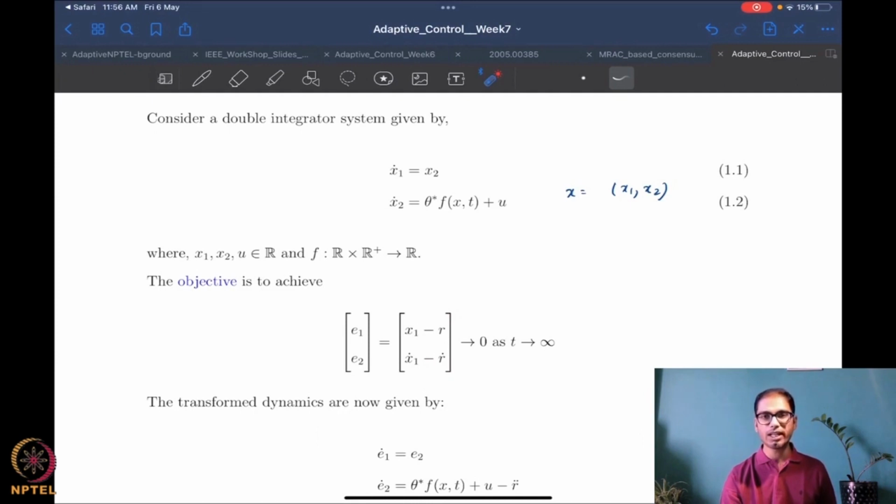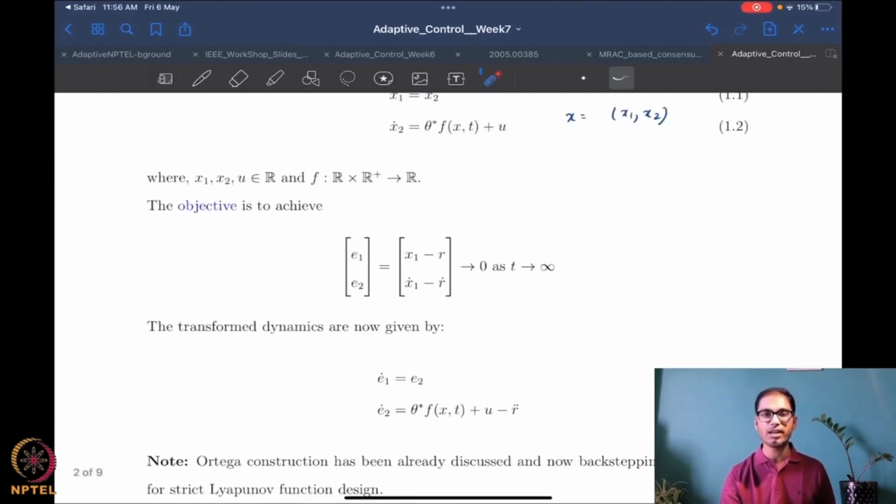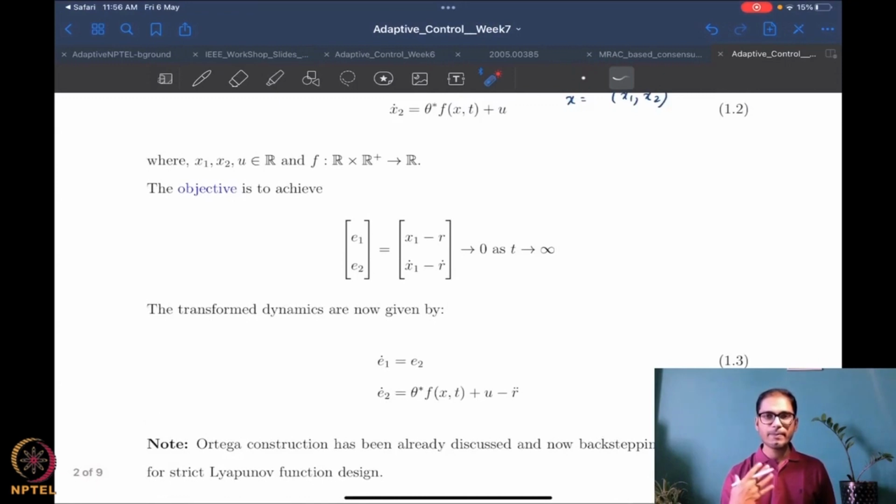So we cannot have any arbitrary trajectory for x1 and x2, but they have to be related by the derivative. And this is essentially the matching condition that we have already spoken about in detail in the previous week. All right, great. And so the steps are pretty standard. As you go on, you will start getting used to doing these steps again and again.